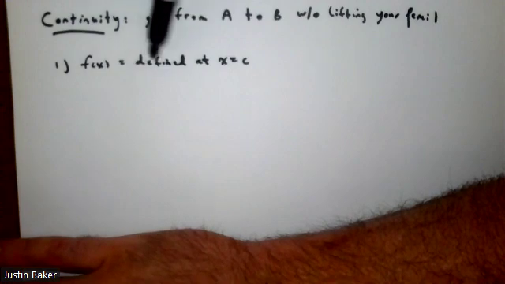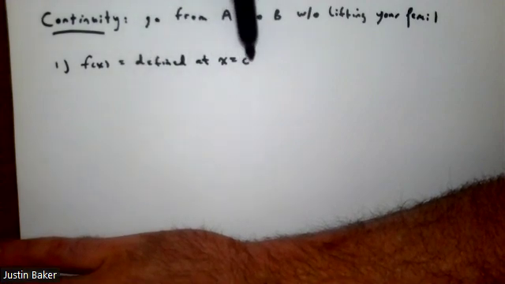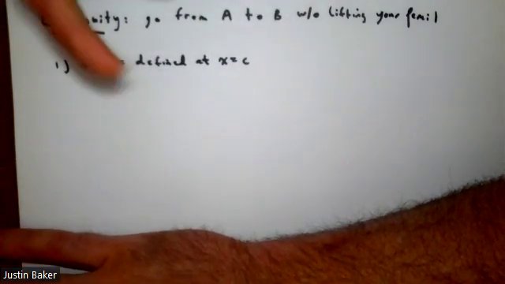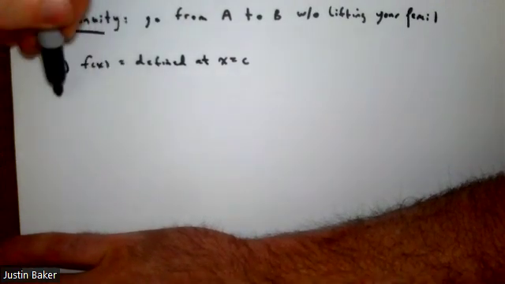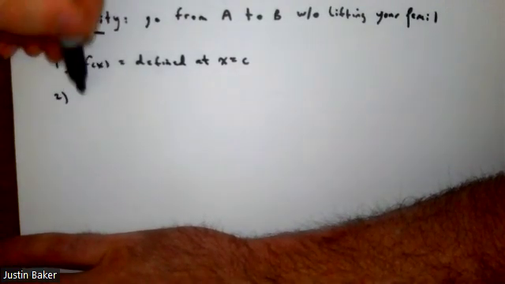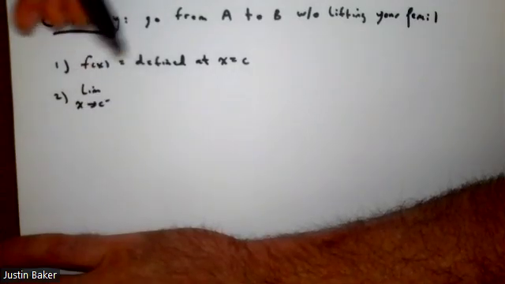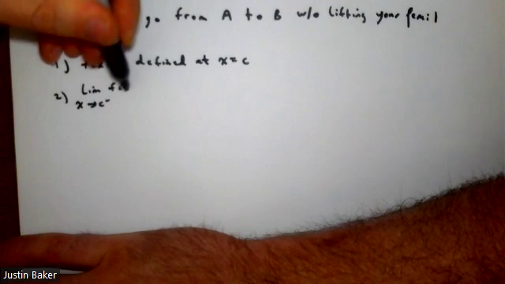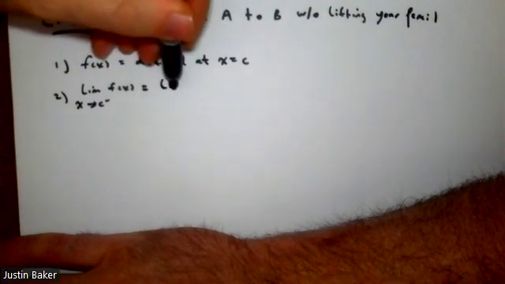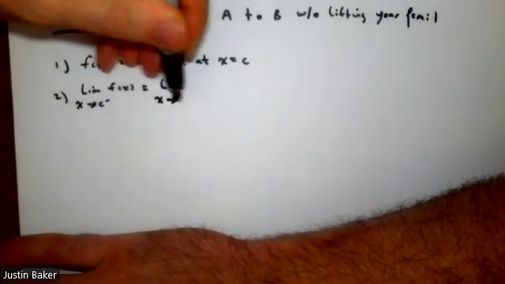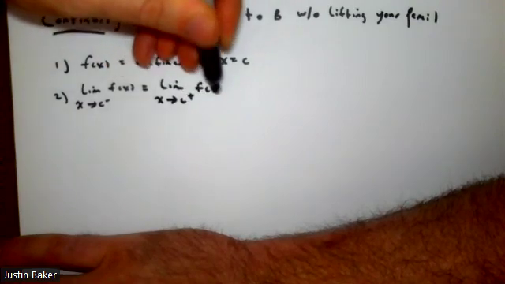So is it defined at, pretend this is like 3 or 4. So the graph has to exist at that spot. Okay, the next one is the limit as x approaches c from the left has to be the same as the limit as x approaches c from the right.